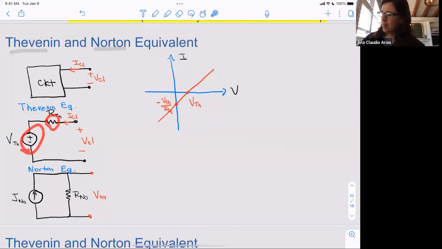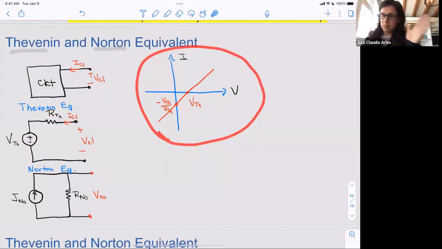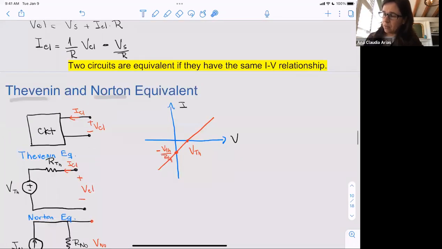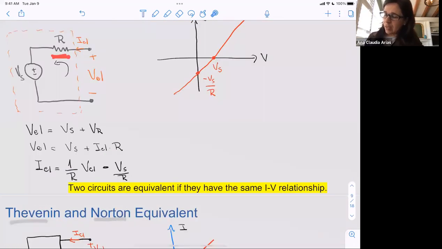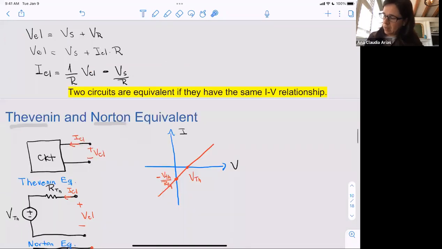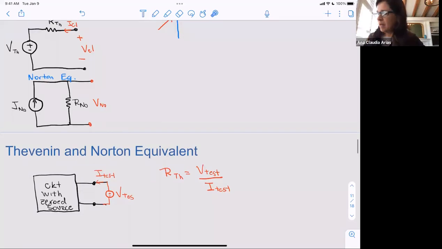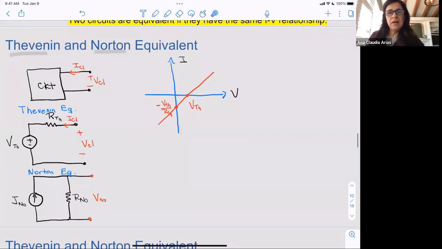So I want to come up with an IV characteristic that's going to be equivalent to that circuit, which means that when I do my analysis here, I get that the resistor that I'm using and now calling R Thevenin is going to be the voltage that I am applying divided by the current that I can measure, right? So how does this look in our analysis here? We did this just with intuition, and now I'm doing it more formally.